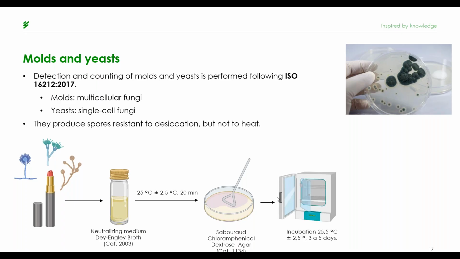And we incubate the plate at a temperature of approximately 25.5 degrees Celsius for 3 to 5 days to permit the growth of these microorganisms that are quite slow. Then after the incubation, we perform the colony count, and we have an estimation of the molds and yeast load in our cosmetic product.